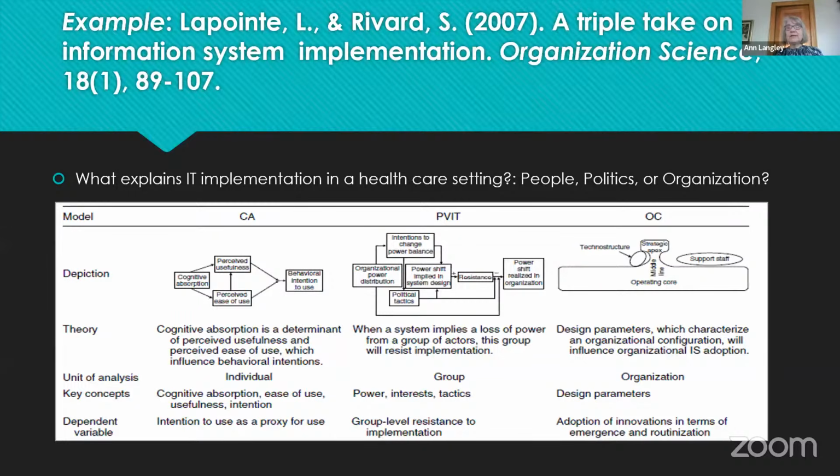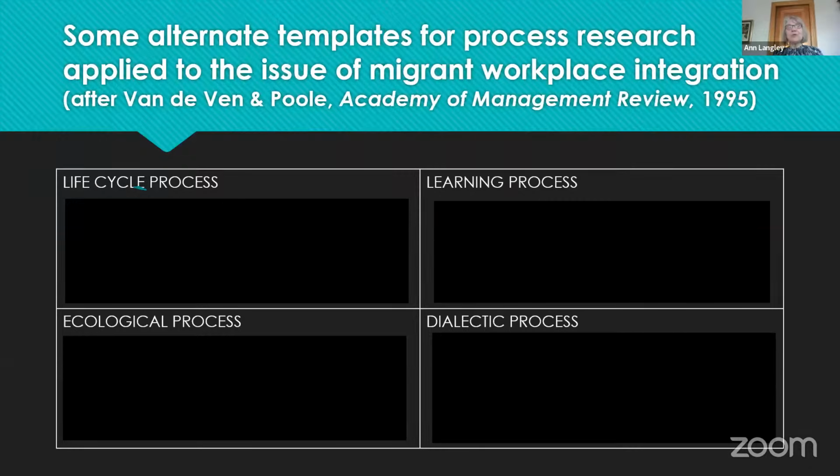And one of his papers, which I really find at the same time extremely stimulating, but at the same time I've always questioned it a little bit, is a piece of work with Marshall Scott Poole, where he proposed 4 different possible theoretical models of process.